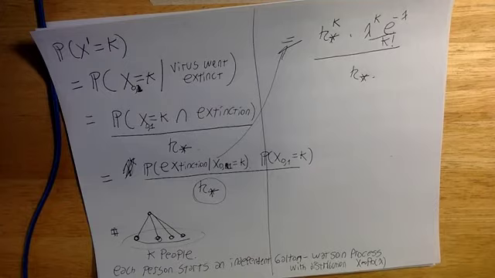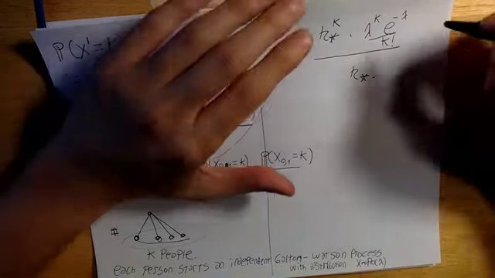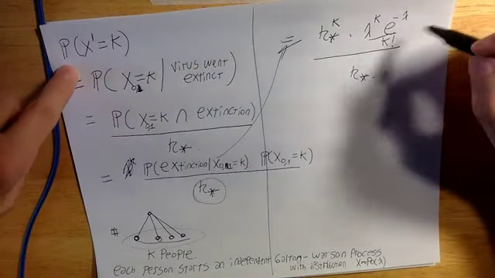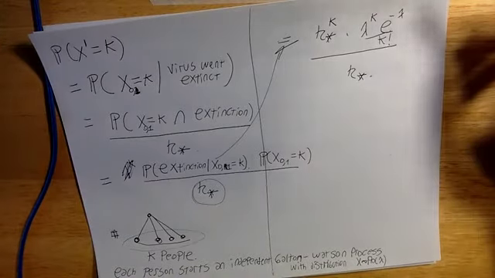One of the things is now we want to understand this distribution as a Poisson distribution itself.